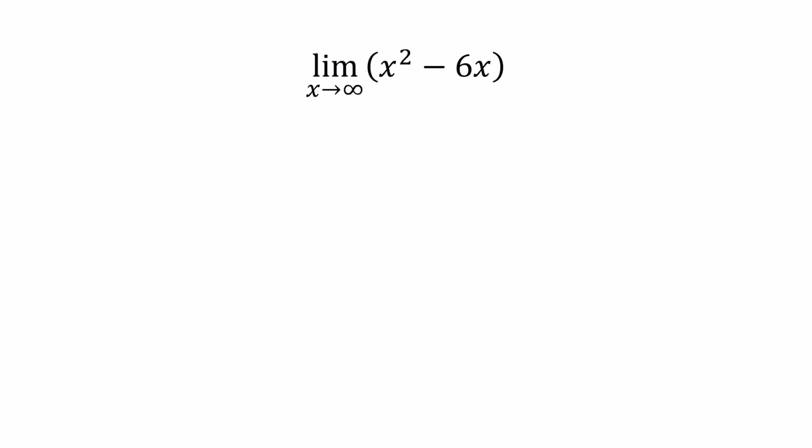We begin by evaluating the limit as x approaches infinity of x squared minus 6x. We begin by factoring x squared. This gives the limit as x approaches infinity of x squared times 1 minus 6 over x.